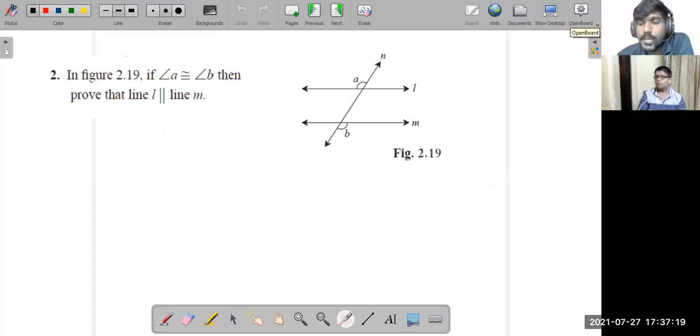That means if we manage to prove that any one pair of alternate interior angles is congruent, then L and M are parallel to each other. But what is given as congruent? They are alternate exterior angles. So we'll have to use vertically opposite angles and do the proving.